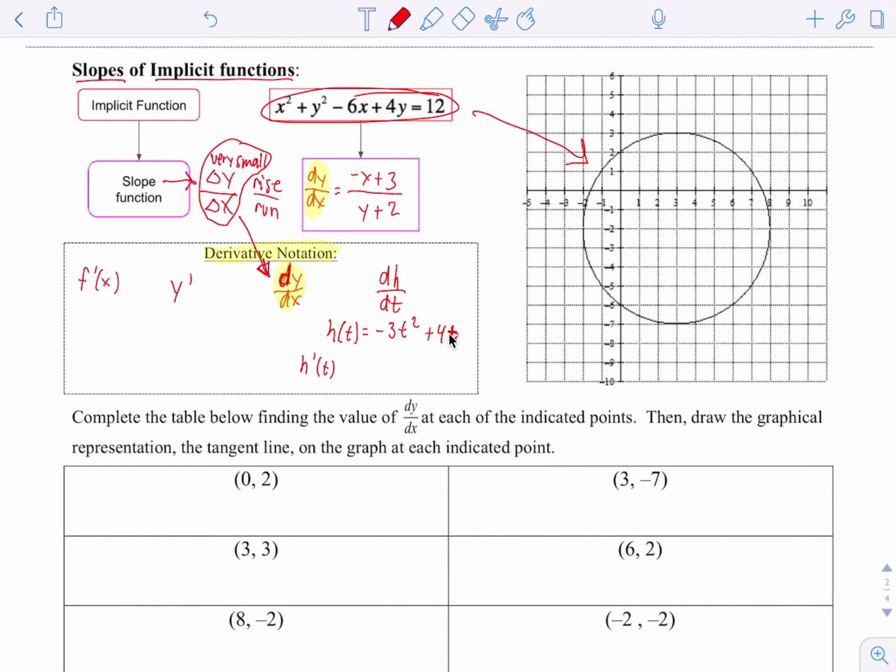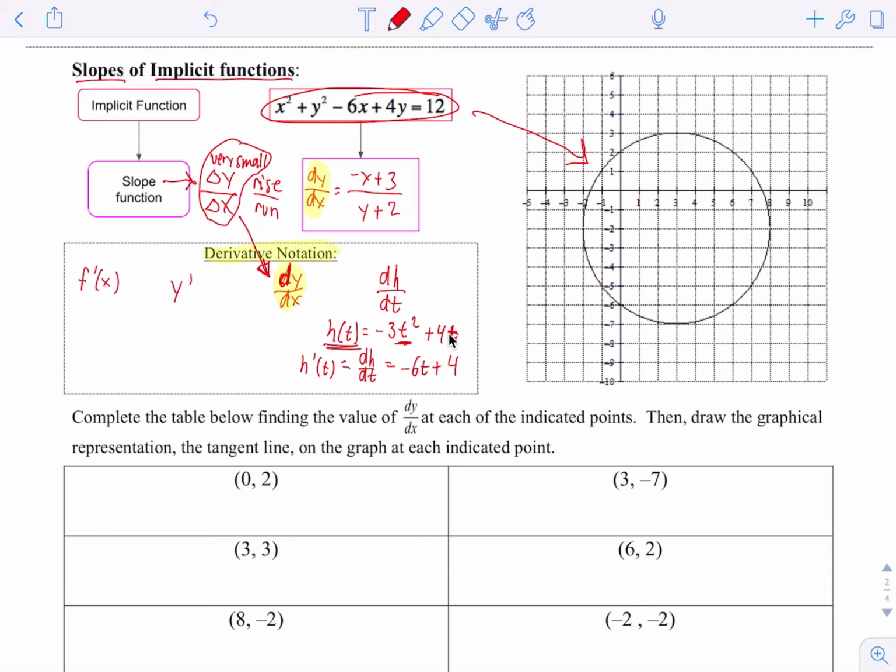But we also learned that another way to say it is dh dt, because we're taking the change in height over the change in time. And if we take the derivative, it's just going to be negative 6t plus 4. So I'm just showing you that this is another way we're going to write the derivative.